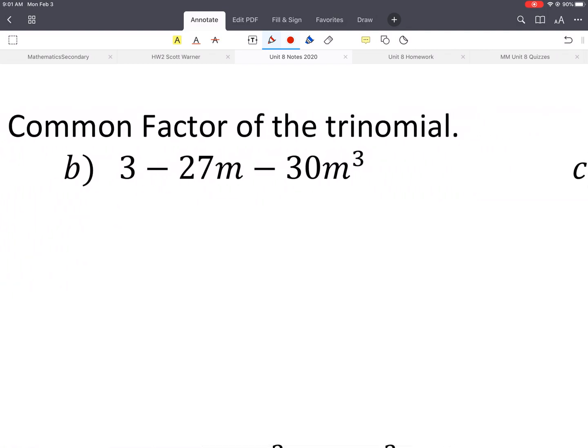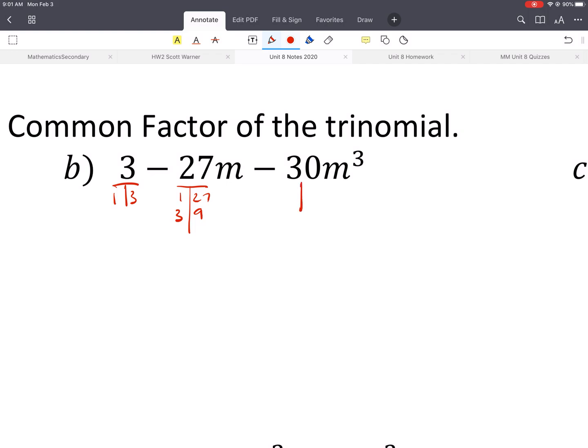This one is not written from highest to lowest exponents, but we can still find the greatest common factor just the same. So here, we'll look at the numbers. Here we have 1 and 3. Here we have 1 and 27. And 3 and 9. I think that's it.